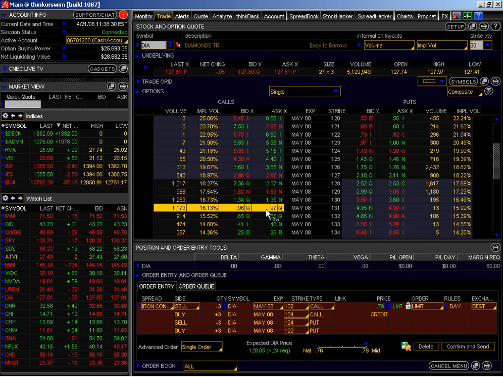So if the price does run up on us, guess what? The put side of our position is going to dramatically increase in profit, and then we can simply roll the position up, hopefully capture the same amount of credit that we did originally on the upside, and recapture that credit when we have to adjust.